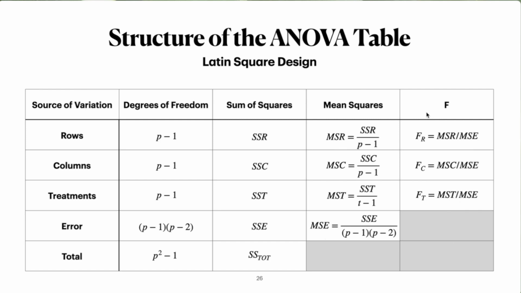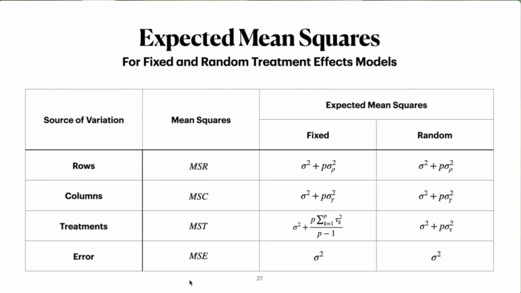Now, the reason we divide each of these by the mean squared error is shown here in this table of expected mean squares. Let's focus on the mean squares for a fixed effects model, where we're assuming that the treatment effects are fixed effects.